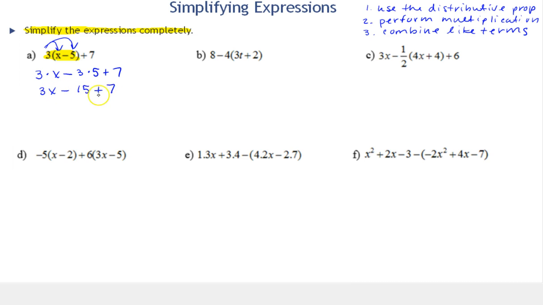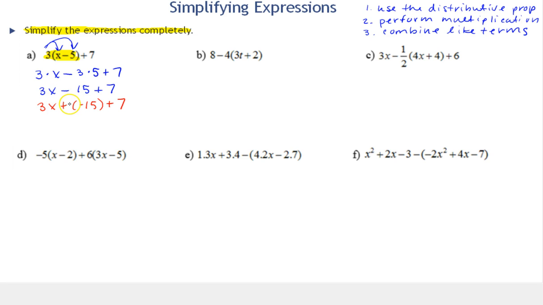Well, 15 and 7 are like terms, and we can think of this as a negative 15. Let me just rewrite this: 3x plus negative 15 plus 7. This is a step we're going to do for a while.